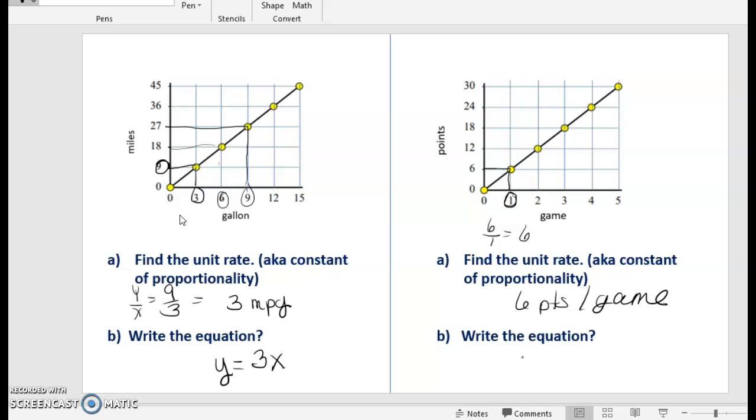So write our equation, y equals 6x, right? Where x is the number of games. So let's double check that. 2 games times 6 points gives us 12 total points. 3 games times 6 is 18. 4 games times 6 is 24. And 5 games times 6 is 30.